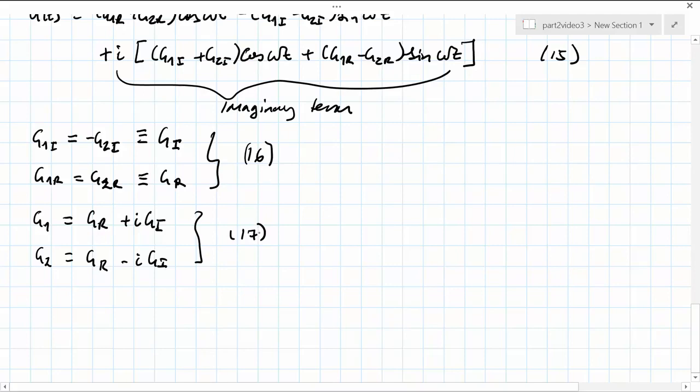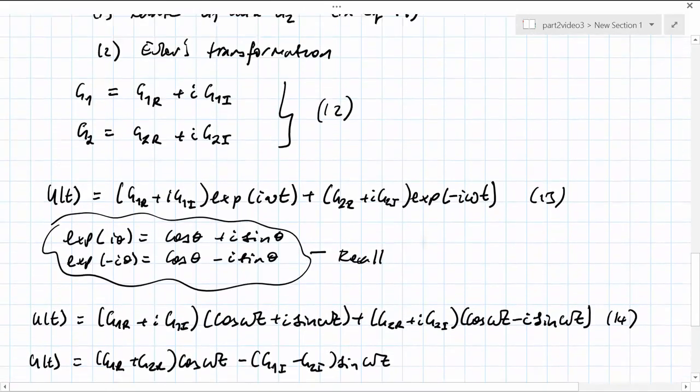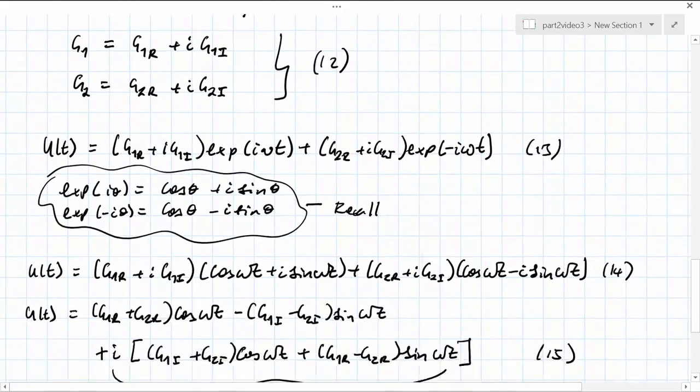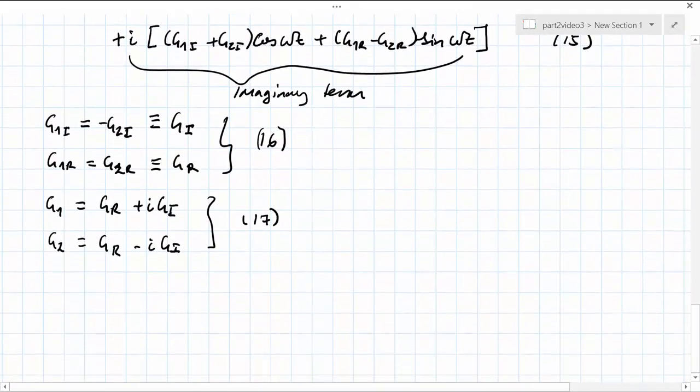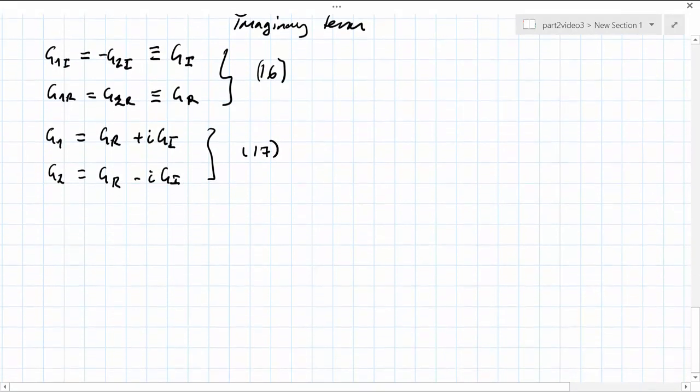If we just compare this to equation 12, we can see that we've just replaced our definitions for g1r and g2r as we defined in equations 16, so we now have this simplified form which we've shown in equation 17.